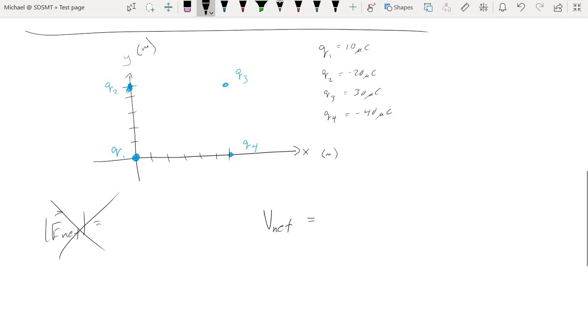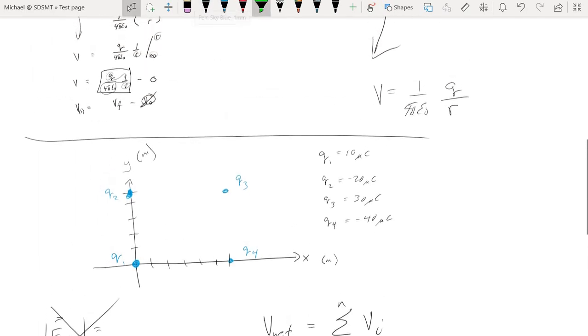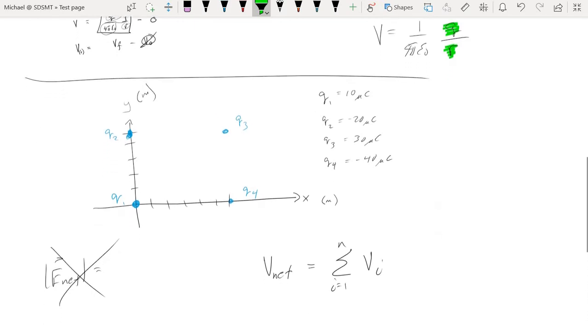Those net electric potentials are scalars, because we're going to be adding up individual potential values, and those values are scalars. There are no vector components. So electric potential doesn't care about direction. The only thing that electric potential is really going to care about is how much charge you have and how far away you are. Those are the only two things that we have to consider.